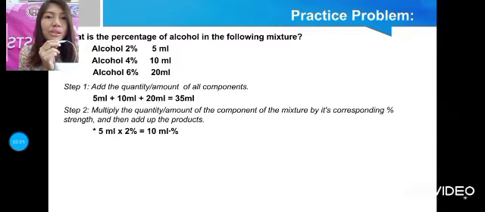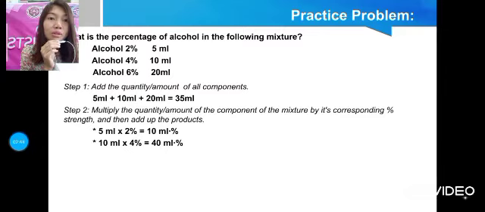Okay, so this is how it is. Our first component of the mixture is alcohol, having a quantity of 5 ml and a percent strength of 2%. We multiply it, and it becomes 10 ml percent. The next component is 10 ml times its percent strength of 4, which is equal to 40 ml percent.